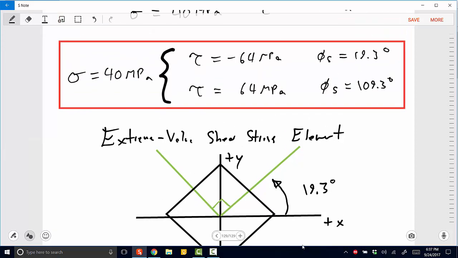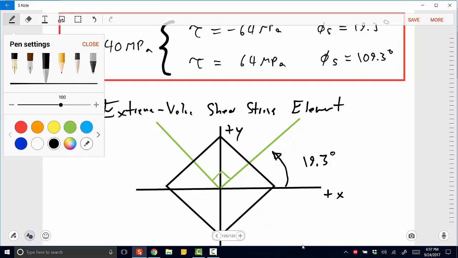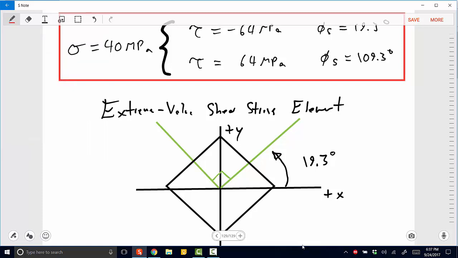So for our first phi here, the 19.3, we find our tau is equal to negative 64 megapascal. Well, we know that the negative sense tells us clockwise, causing a clockwise sense of rotation.